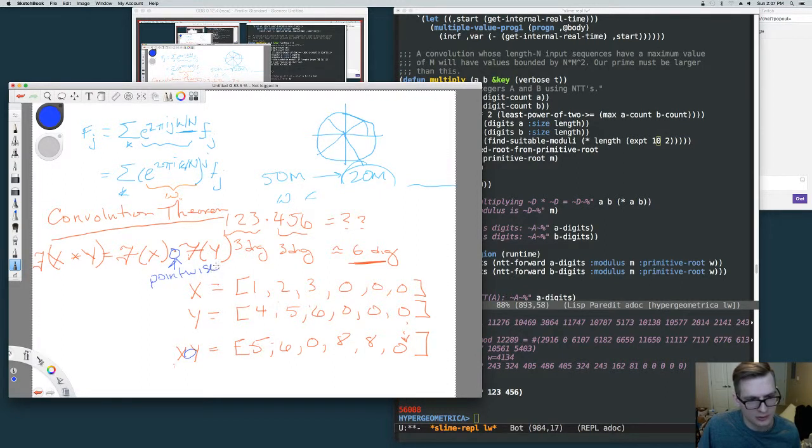This is more akin to convolution right here. The reason is, if we want to compute x times y, we don't just do 1 times 4 and get the result. We don't do 2 times 5 to get the result, and so on. What we have to do is take this number and multiply it by every single number here. Then we take this number and multiply it by every single number.